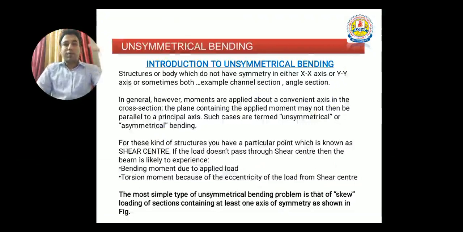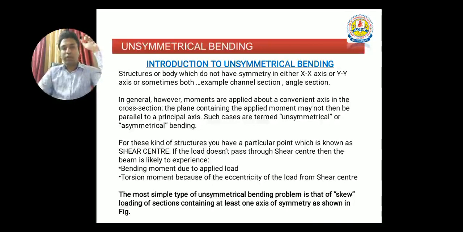What is unsymmetrical bending? Bodies which do not have symmetry in either the x-axis or y-axis, or sometimes in both. Bodies having only one axis of symmetry have unsymmetrical bending, or that case might also occur when there is a condition of skew loading.